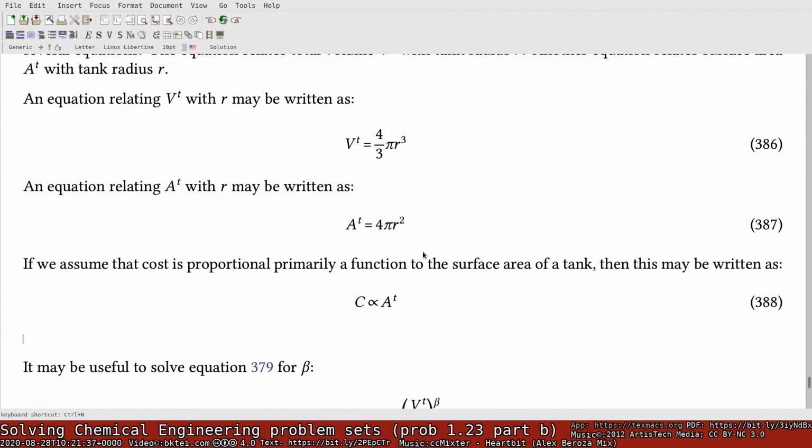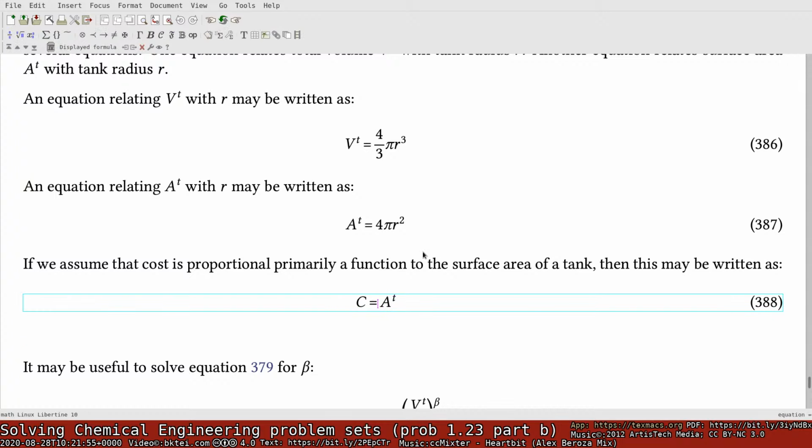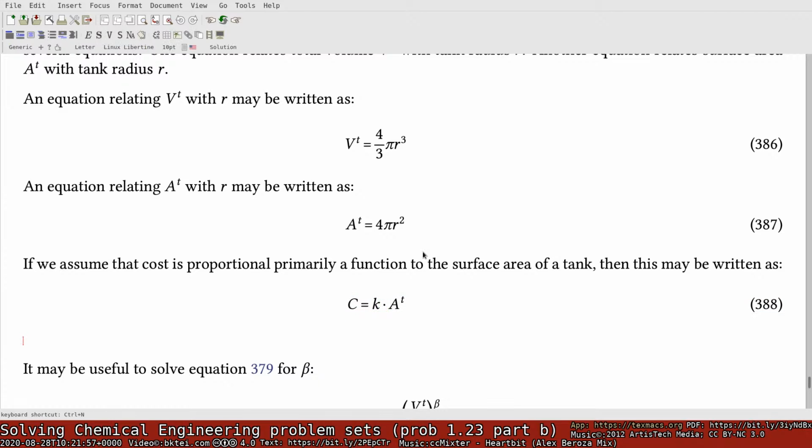Okay, so how do we get the constant of proportionality? We could do it kind of semi-empirically, I guess. Let's see how we do this. Where K is some constant of proportionality.